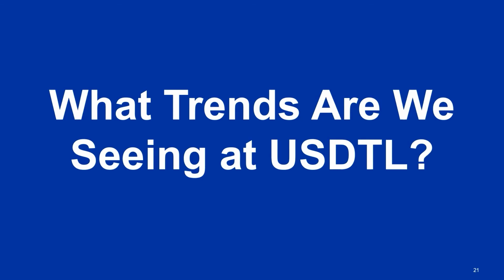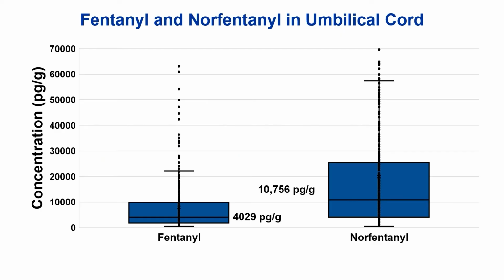So what trends are we seeing here at USDTL? A 12-month review of positive results revealed that we see more norfentanyl in our specimens than fentanyl. The median result for norfentanyl was 10,756 picograms per gram, whereas the median for fentanyl was only 4,029 picograms per gram.